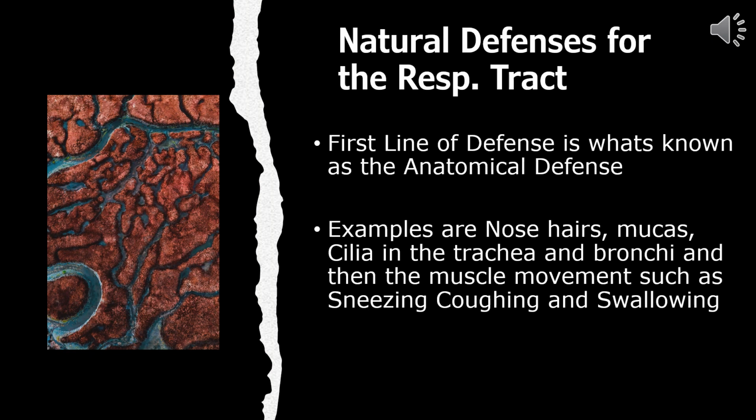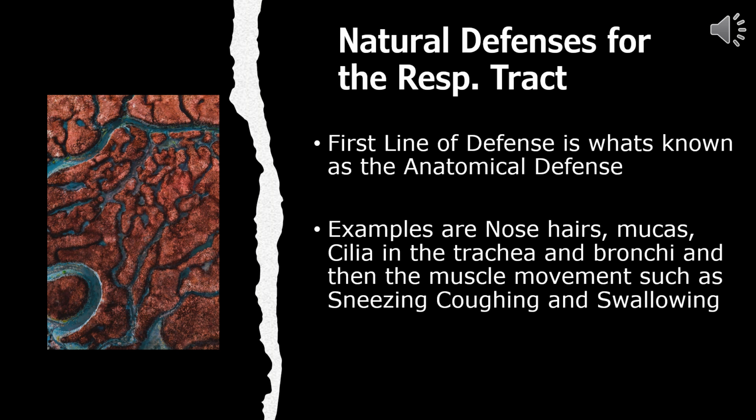Before we get into the diseases, the natural defense for the respiratory tract: our body has three lines of defense. The first line of defense is what's known as the anatomical defense. These are physical features and movements, but not chemical imbalances or anything like that.